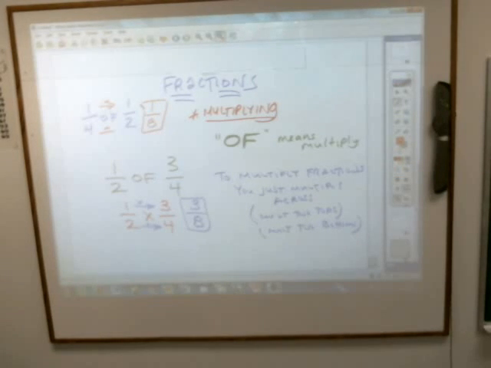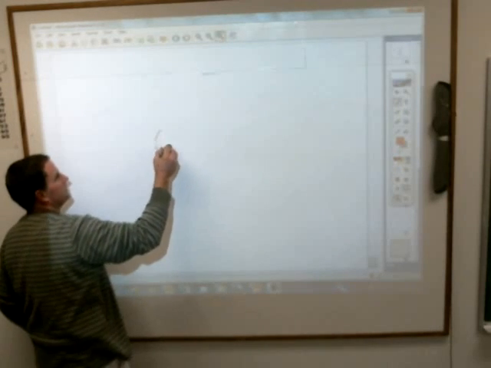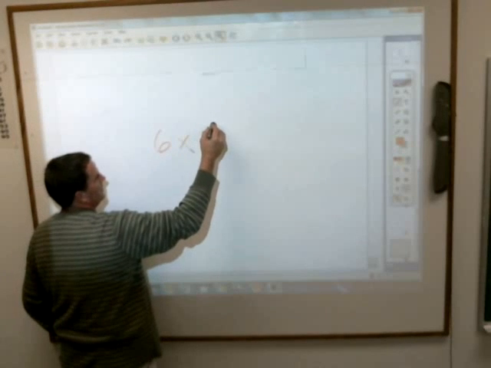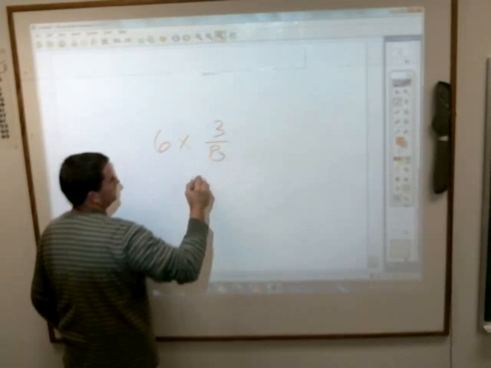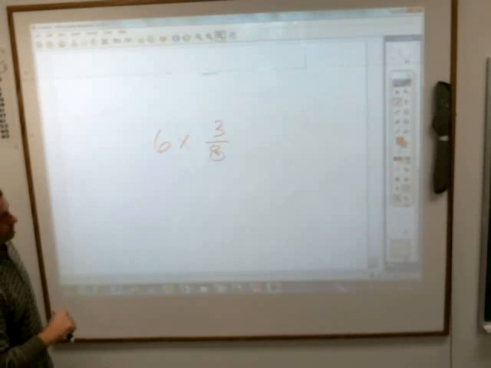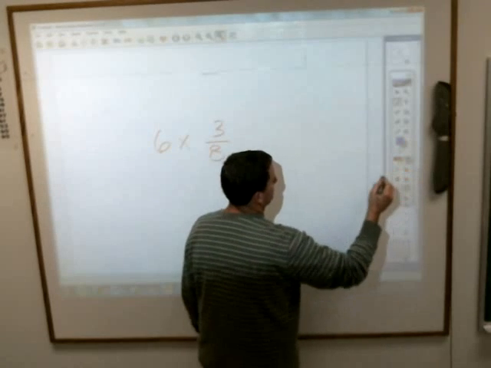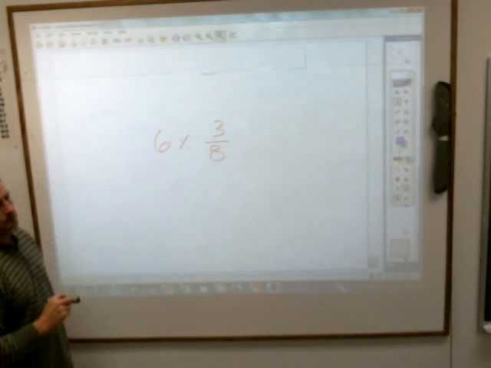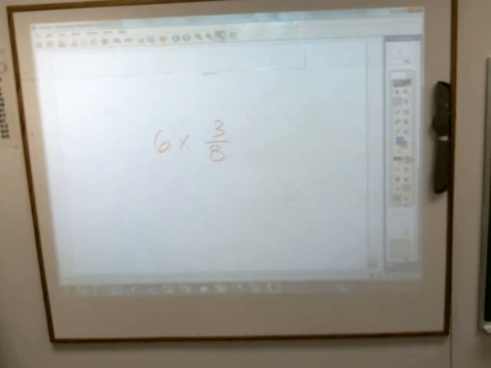Now, a couple special examples. What if it's a whole number times a fraction? What if it was like 6 times 3/8? Gary? You take the denominator of the fraction times the 6, and then you put it on top of the denominator. Could do that, but I believe you're way overworking anything that needs to be done here.